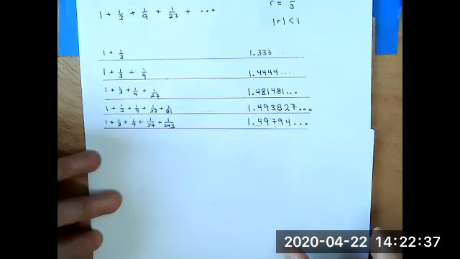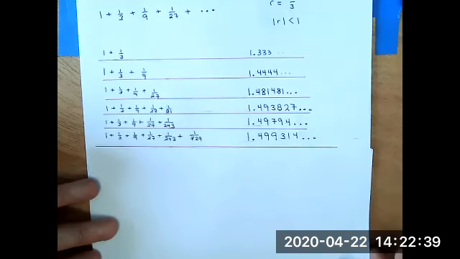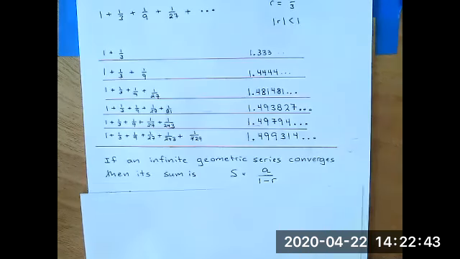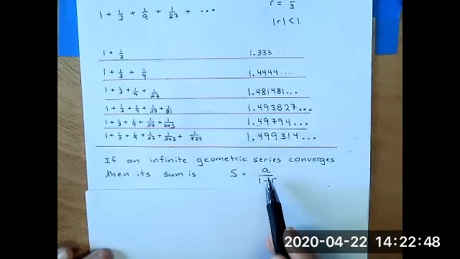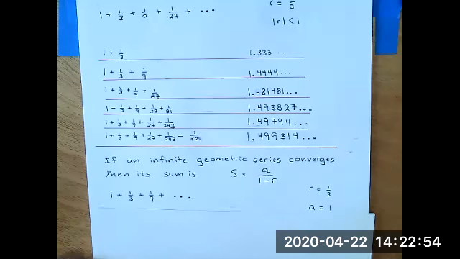So let's look at the formula. If an infinite geometric series converges, then its sum is a divided by 1 minus r. Well, a is equal to 1, and our common ratio is 1/3.